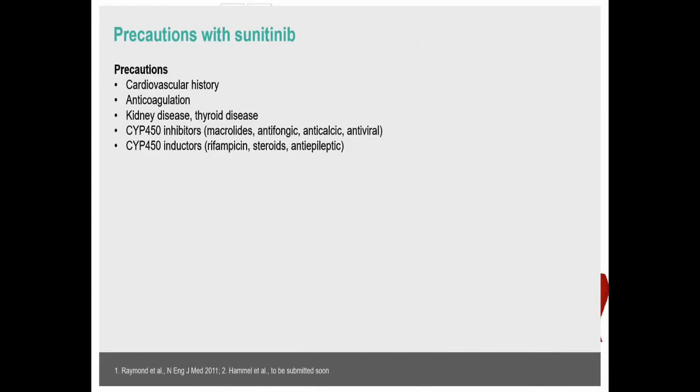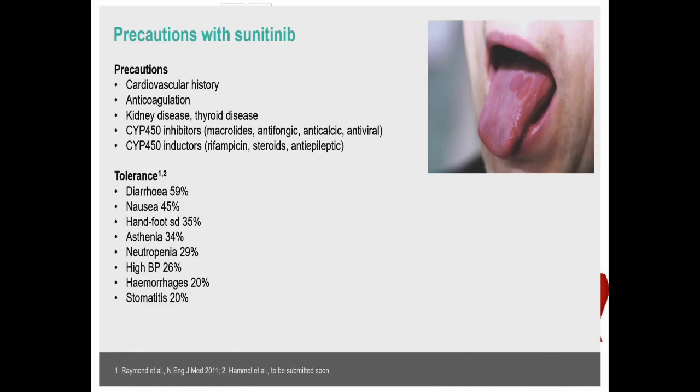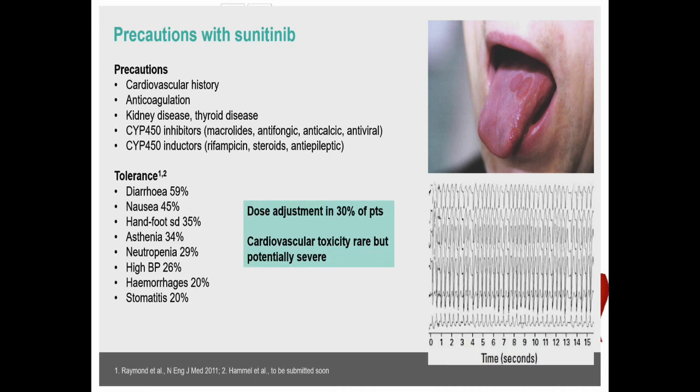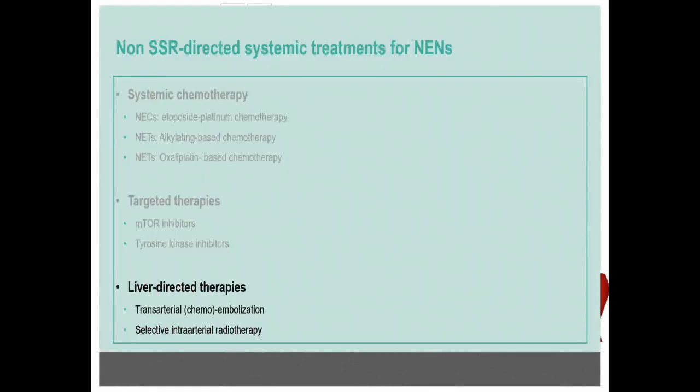Here we have problems with patients with cardiovascular history or coagulation problems. And once again, quite a number of side effects, some of which are really uncomfortable for patients: diarrhea, nausea, hand-foot syndrome, asthenia in many patients, and some patients with very severe cardiotoxicity. So, once again, interesting if you do not have any options, but not so easy to use.